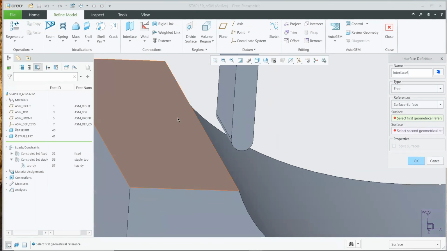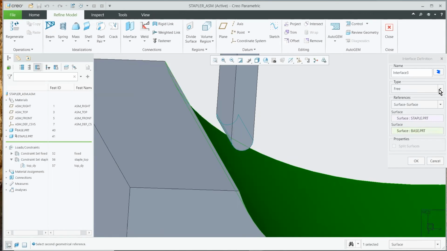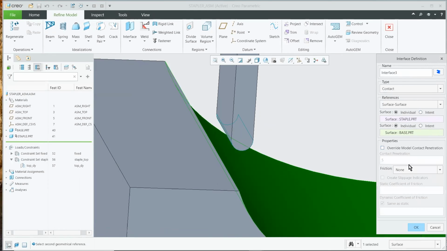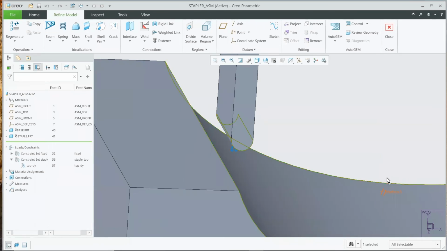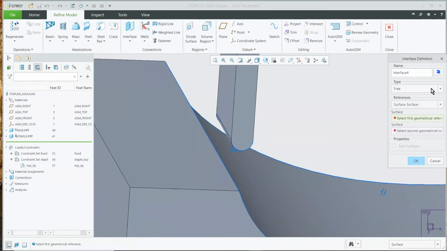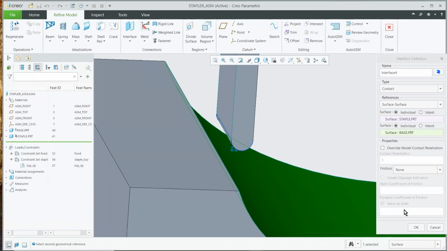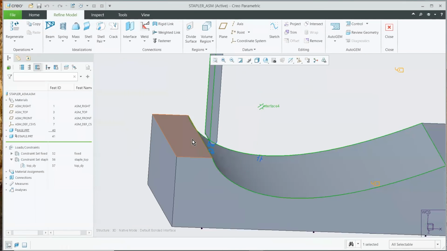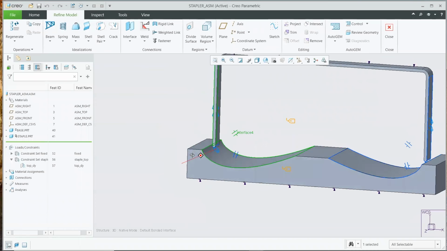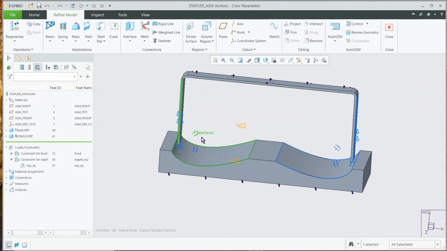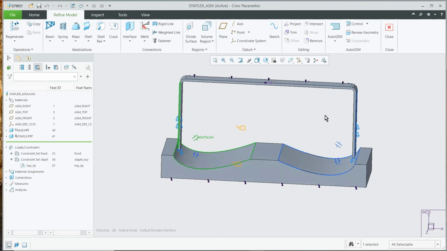So another interface between here and here, and we'll say it's a contact. And then one last one on the back side between this guy and that guy. So now we have things set up. We've got our materials assigned. We're taking into account the contact of the two parts as they're going through this process.